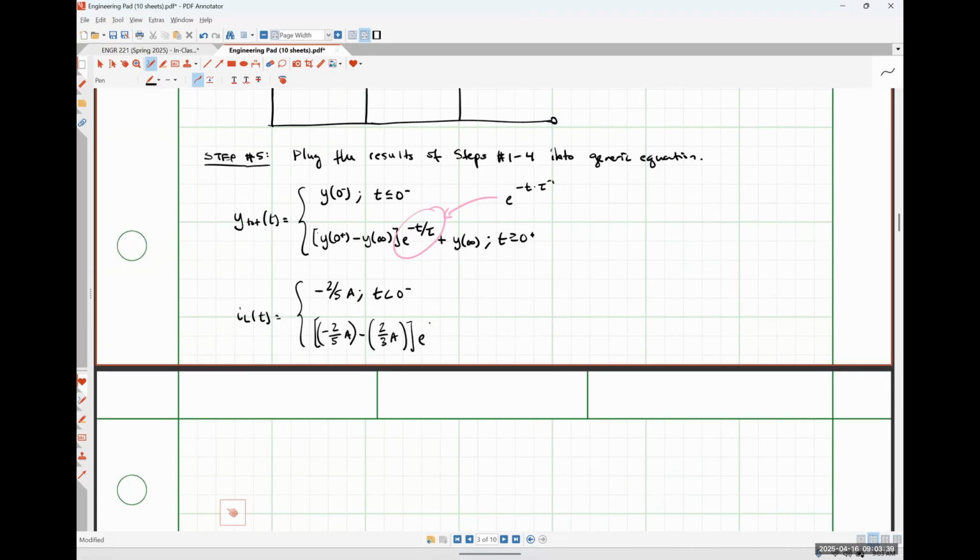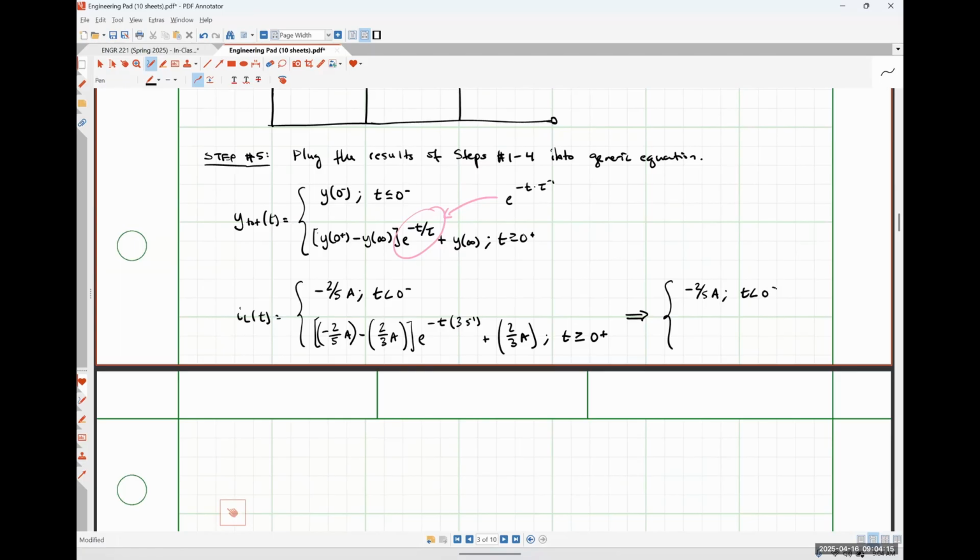Close that off. E to the negative t times the inverse of tau, which was 3 per second, plus y at infinity is going to be another 2/3 of an amp right here for t greater than or equal to 0 plus. And then what I'm going to do out here on the right is literally just pretty this up a little bit. So the negative 2/5 of an amp can't get any more simplified than that.